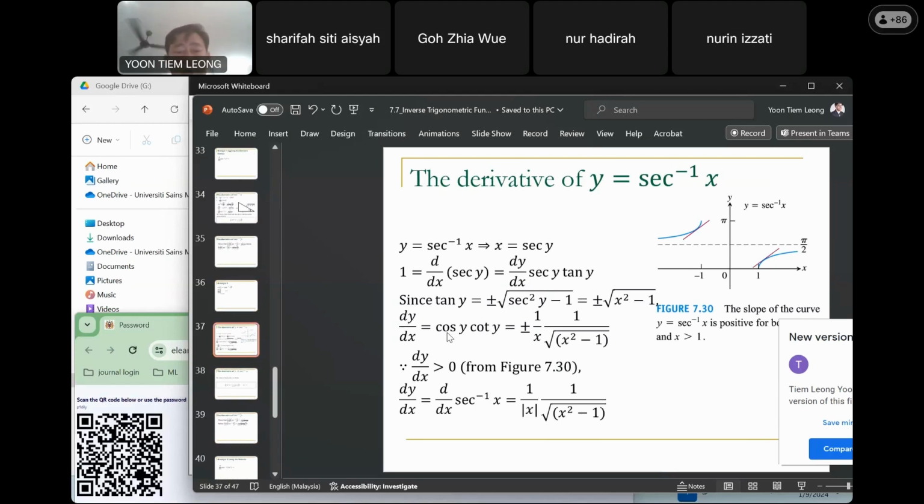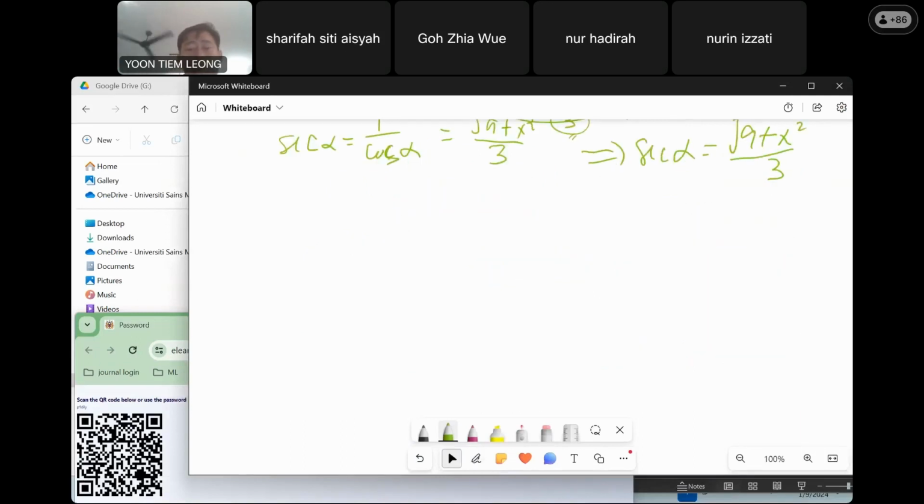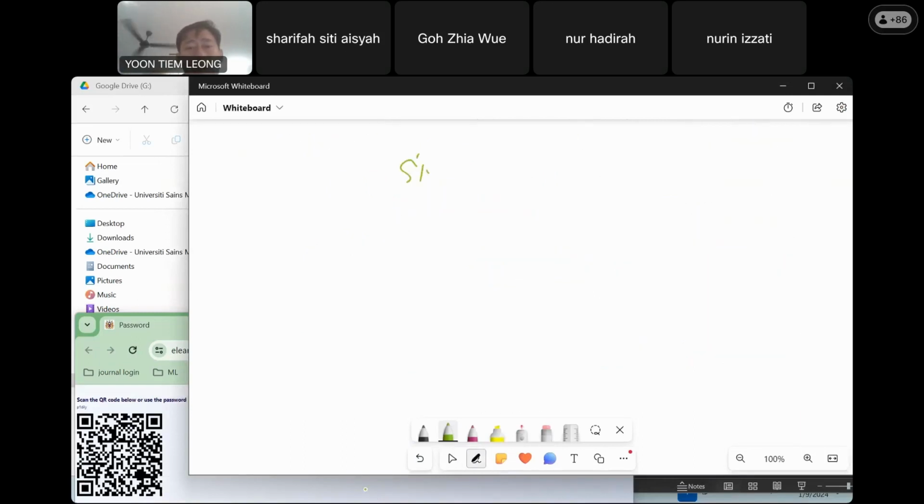However, we are going to show you in this exercise how to obtain only the derivative of arcsine, the derivative of arcsecant, and the derivative of arctangent.